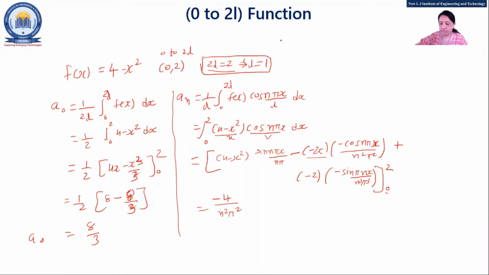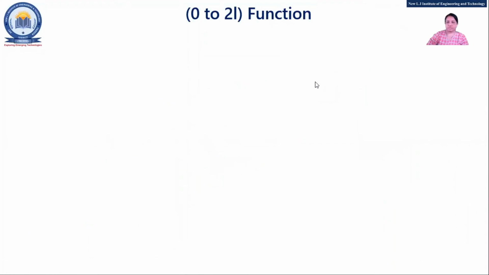I'll write just the equation here; you are supposed to do it. bn equals 1 upon L, integral from 0 to 2L, f(x) sin n pi x upon L dx.